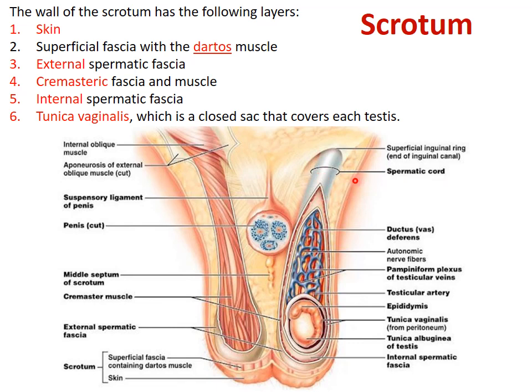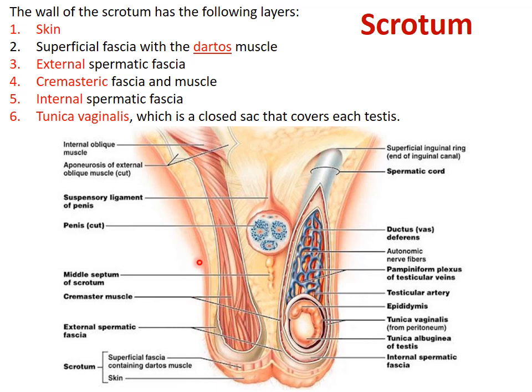Now come to the skin of the scrotum. In the skin of the scrotum, you will find skin and the superficial fascia with the dartos muscle. This scrotum is covered by the skin, and below the skin you have got the superficial fascia.